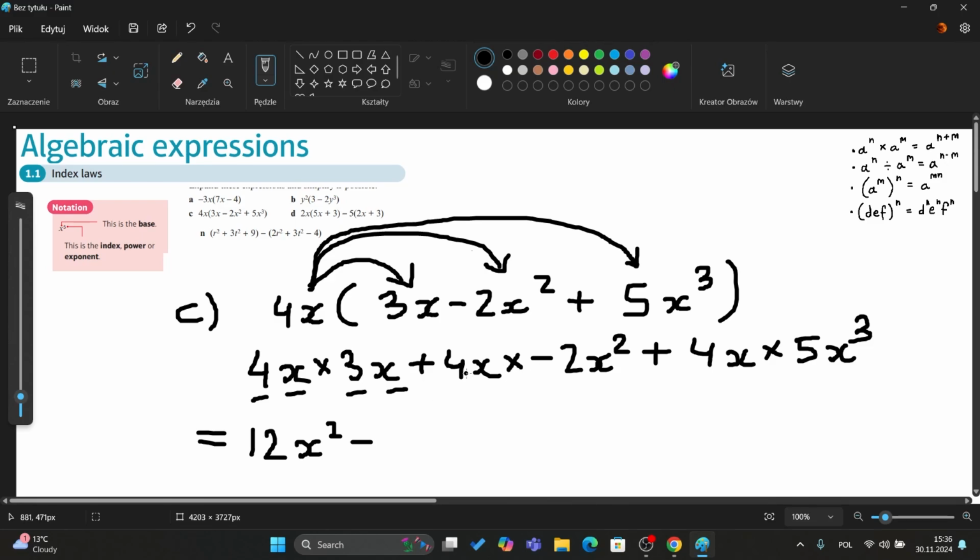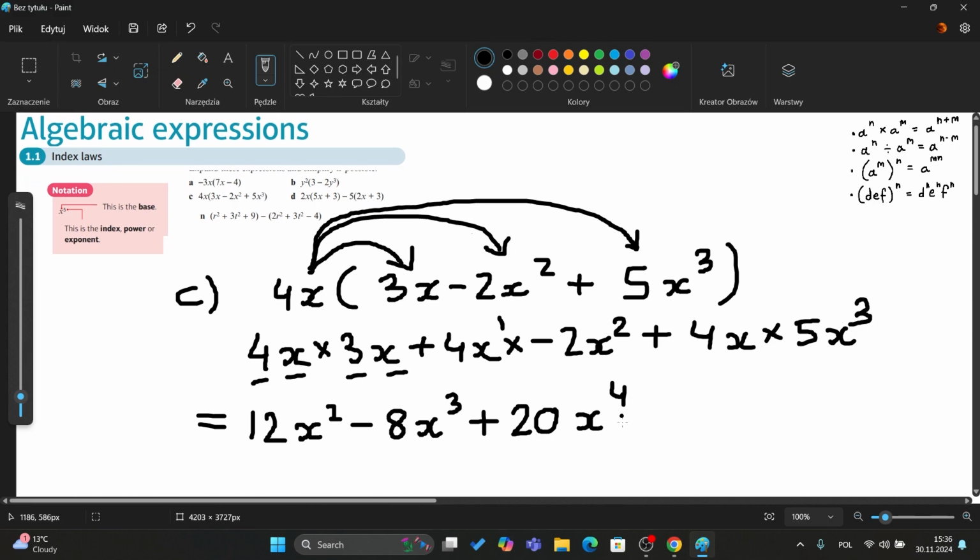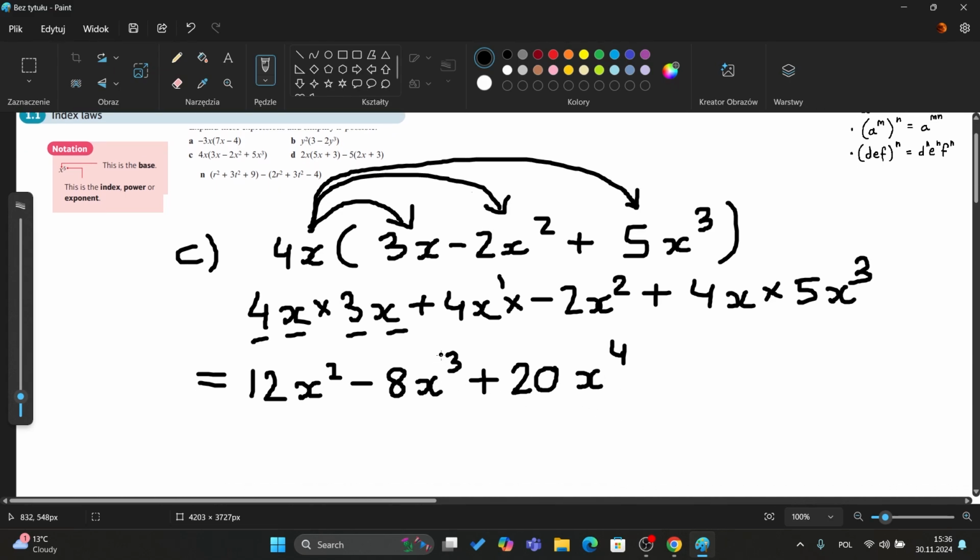Plus 4 multiplied by minus 2 is going to be minus 8, and then x cubed, because x to the power 1 times x to the power 2 is going to be x cubed. And now the last one, we have 4 multiplied by 5, which is 20, and then x multiplied by x cubed is going to be x to the power 4. Now that's it, and that is the answer.